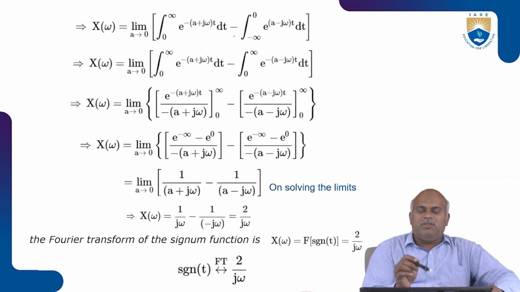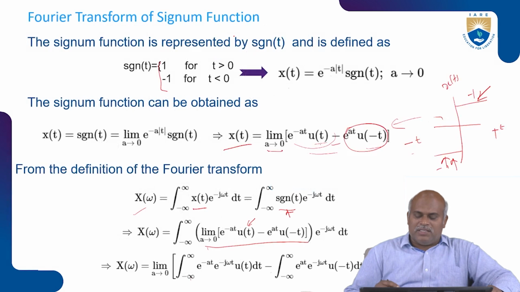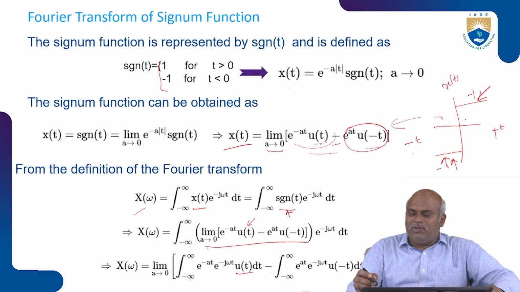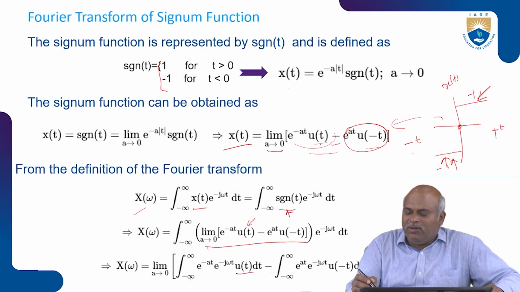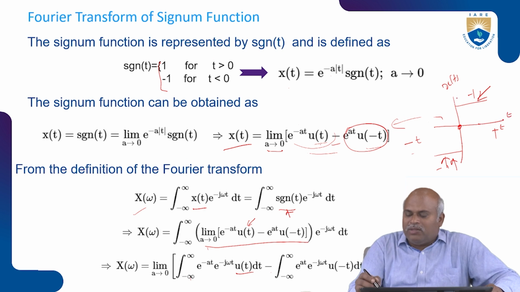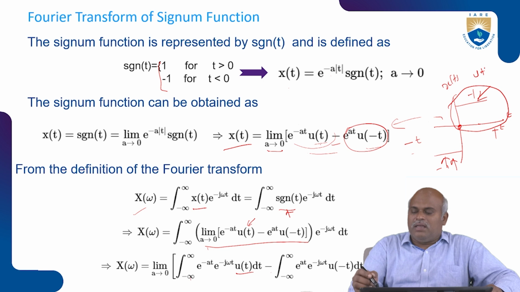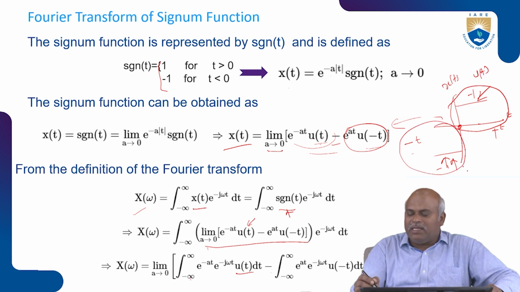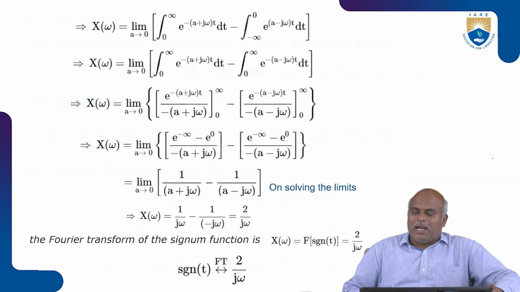First, the case u of t. This u of t is active only from 0 to plus infinity. So this portion I represent as u of t, and this other portion I represent as u of minus t. So now I adapt the limits for the minus u of minus t as well as u of t as the interval.